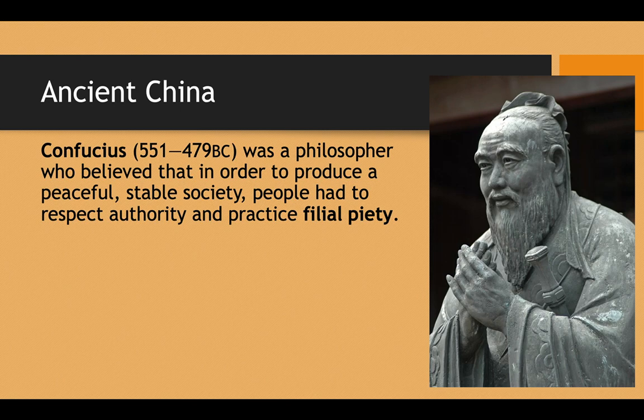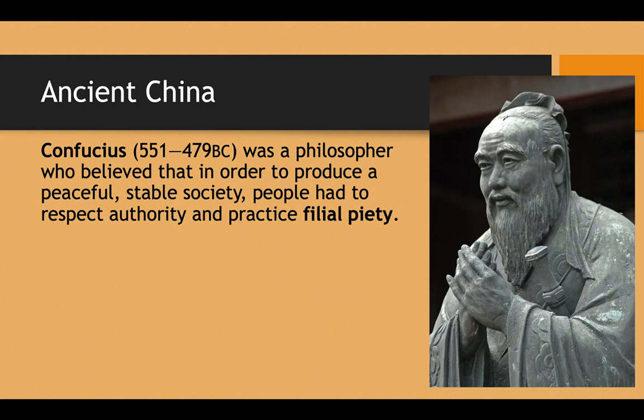So he occupied his mind with thinking, how can one construct and maintain an orderly, peaceful, smoothly run society? And what can each individual person do to do their part to make that happen? He came to the conclusion that in order to have a peaceful, stable society, people need to respect authority and practice filial piety.